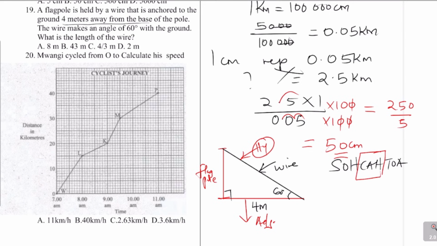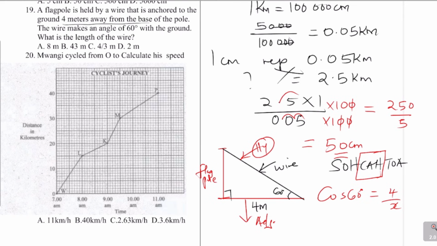Cosine is the one. So cosine of 60 equals the adjacent, which is 4, over the hypotenuse, which is what we are looking for. We can name that x. Tangent will not work because we are not looking for the length of the flagpole.